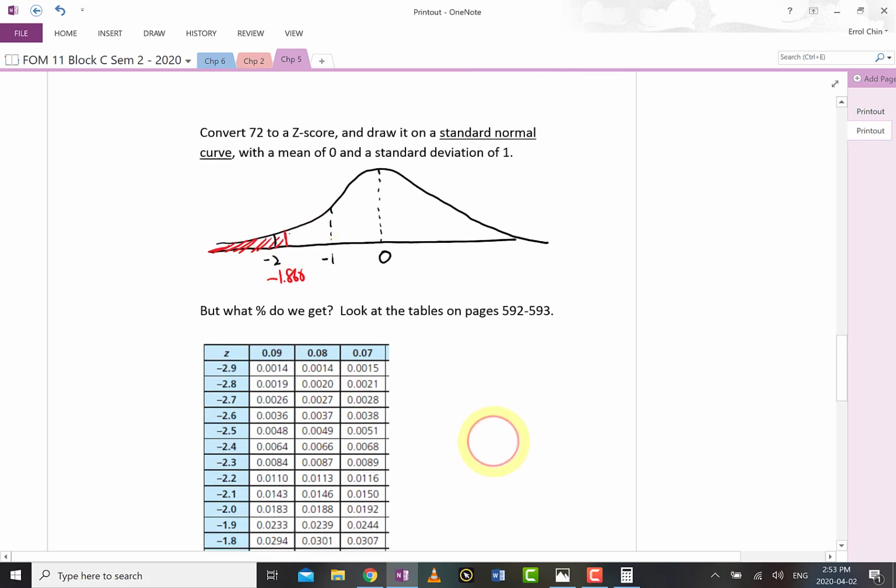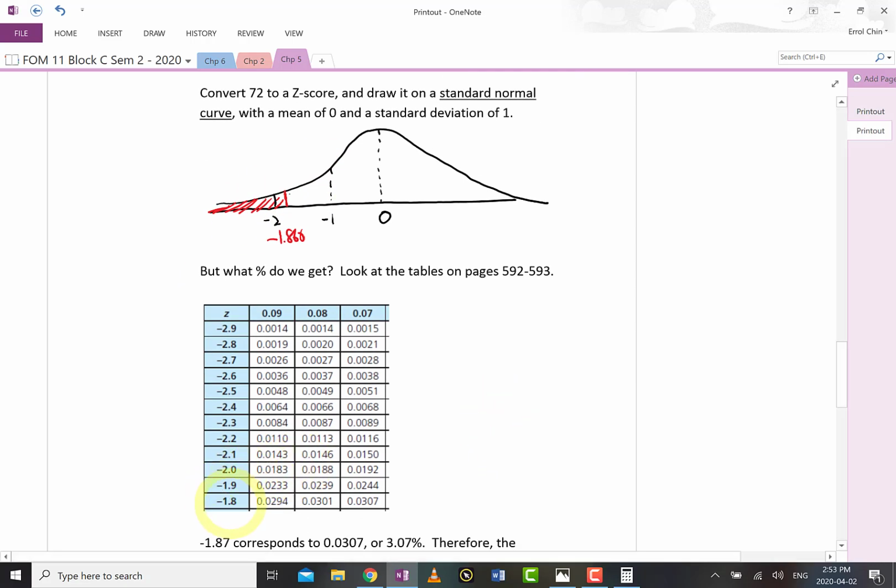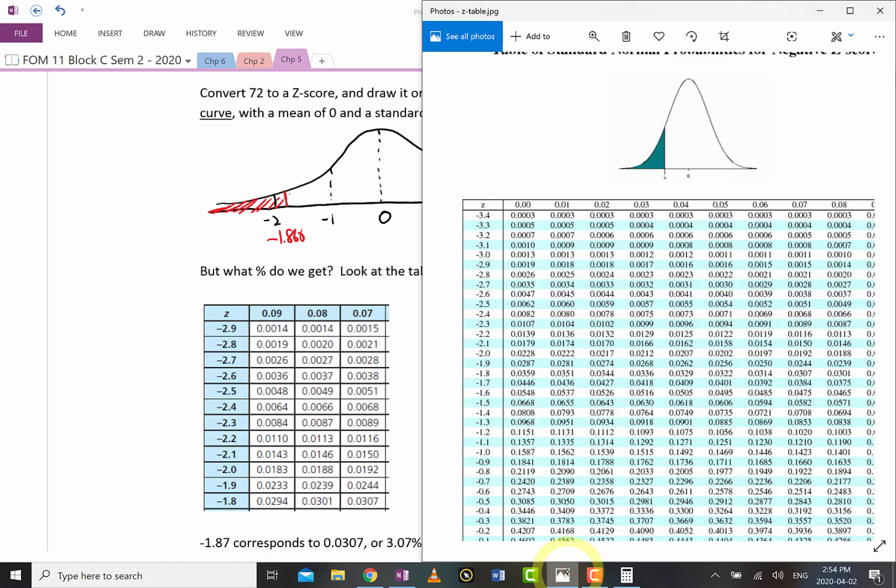So here's just a quick, tiny shot of our table. Here's -1.8. Again, this table is slightly different. It has on our horizontal line here -1.89, -1.88, -1.87. The one that I showed you has it written backwards, but it's the same idea.